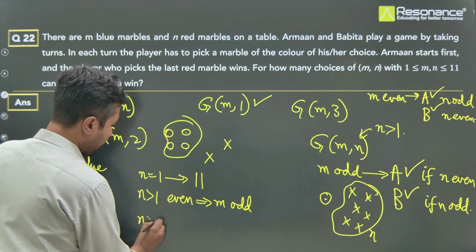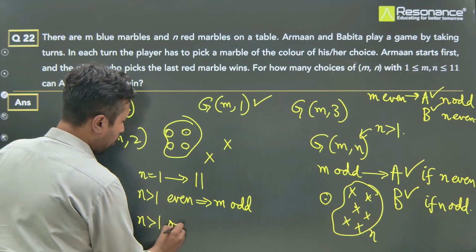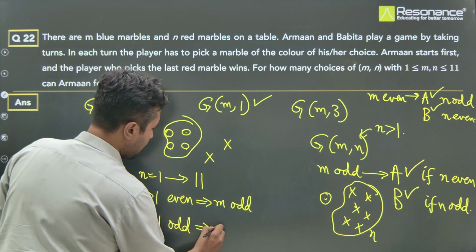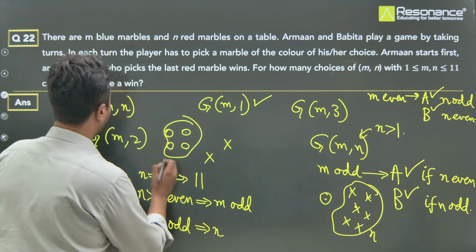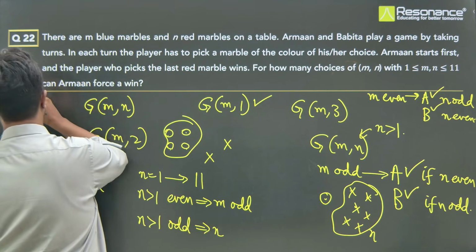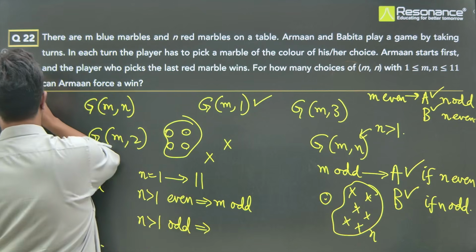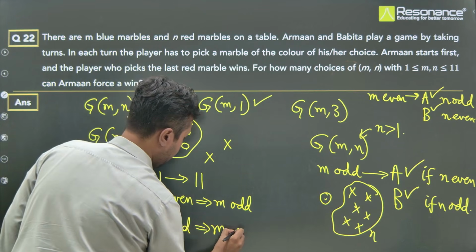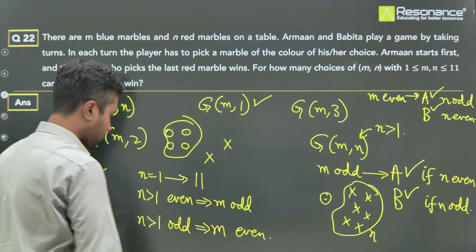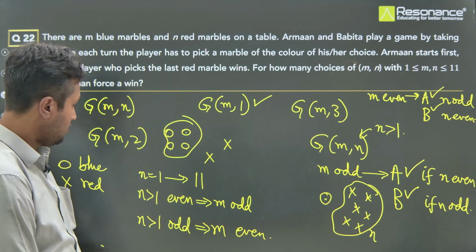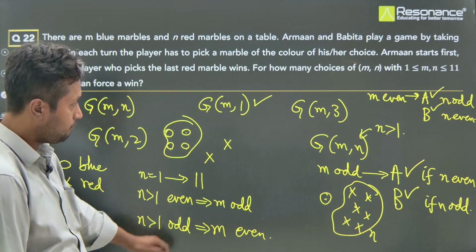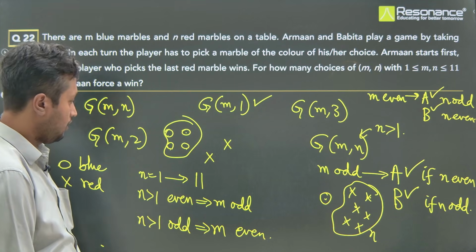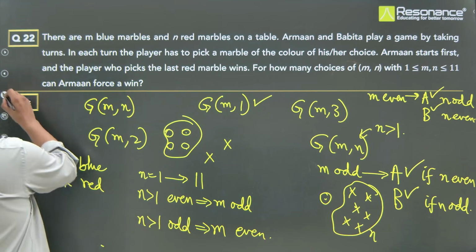Or else, if n is greater than 1 and odd, then m must be even. Hope I got that right. So if n is odd, no, I really didn't get that right.